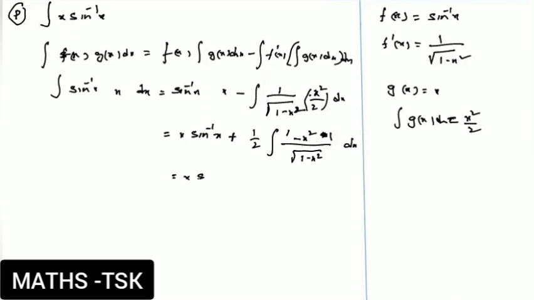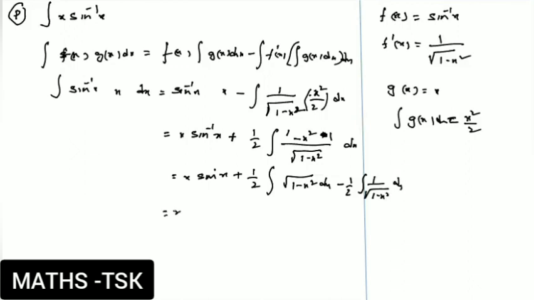So we write x into sine inverse of x plus 1 by 2 into integration of root of 1 minus x square dx, minus 1 by 2 into integration of 1 by root of 1 minus x square into dx.